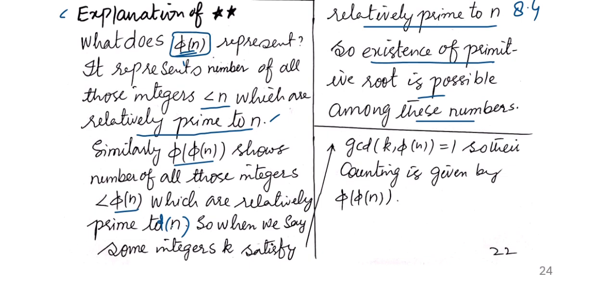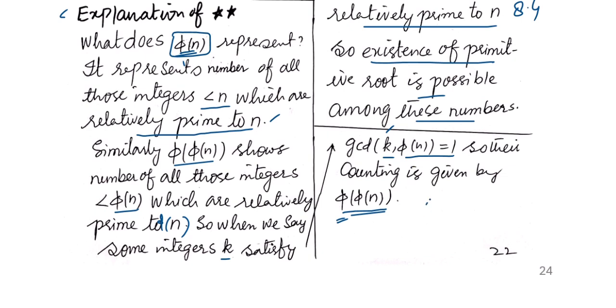So when we say some integer k satisfies the equation GCD of k and phi of n is equal to 1, their counting is given by phi of phi of n. There is no other formula that can count all those integers which are relatively prime. These are just calculated by the Euler totient function.